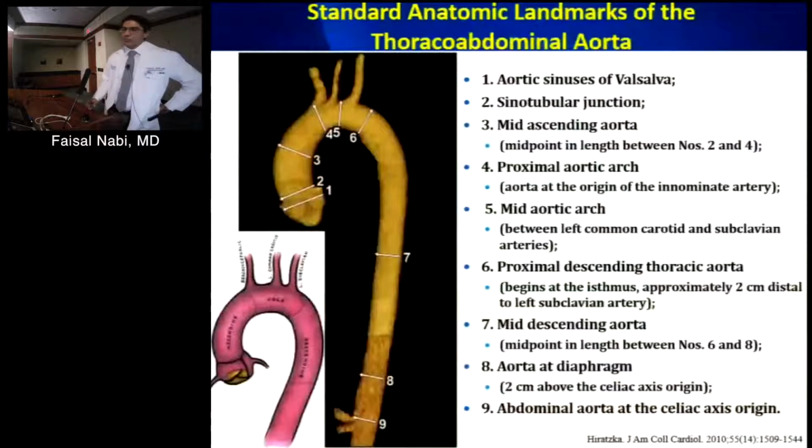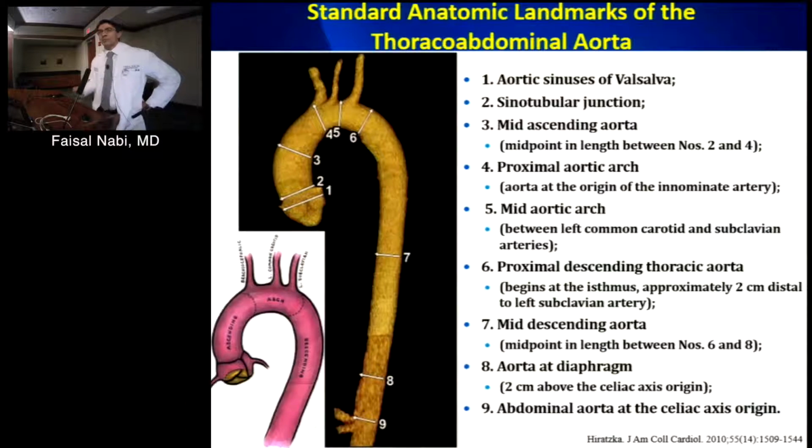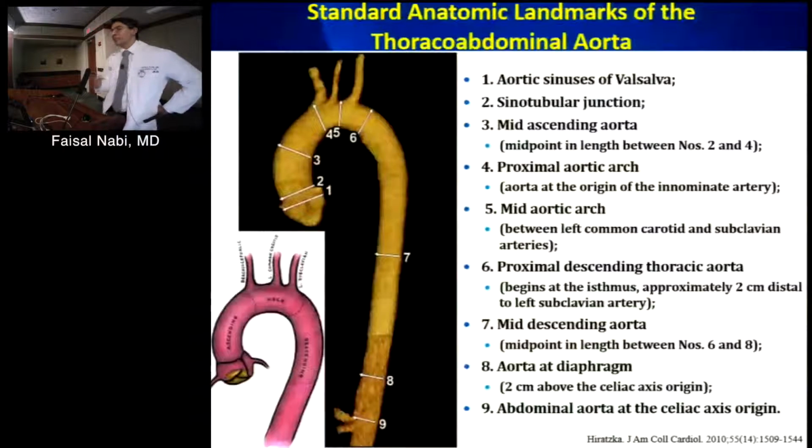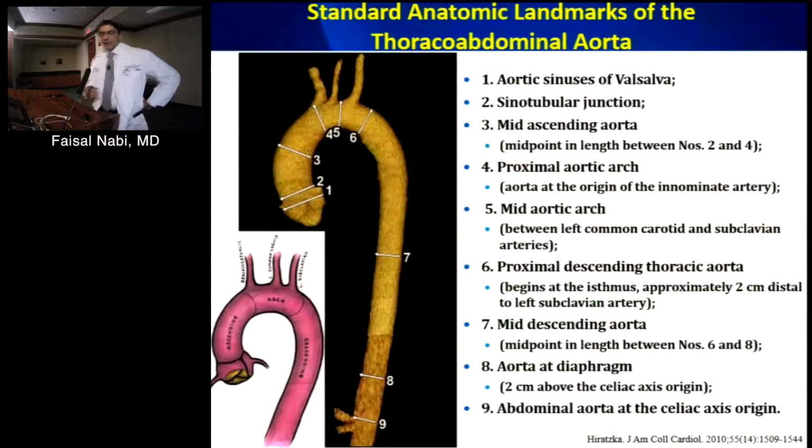To get into it, we have to know a little bit about anatomy, so we all talk the same language. This is the aorta, and it's divided into specific segments. When we make measurements, especially in CMR, we're very particular to make them in the same location. The ascending aorta is defined from the aortic root all the way to the brachiocephalic trunk. It includes the aortic root and the tubular ascending aorta.